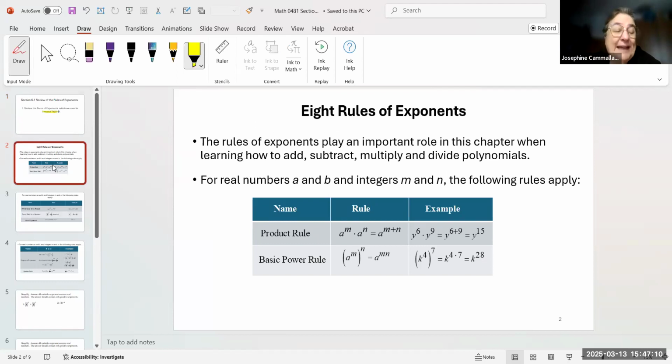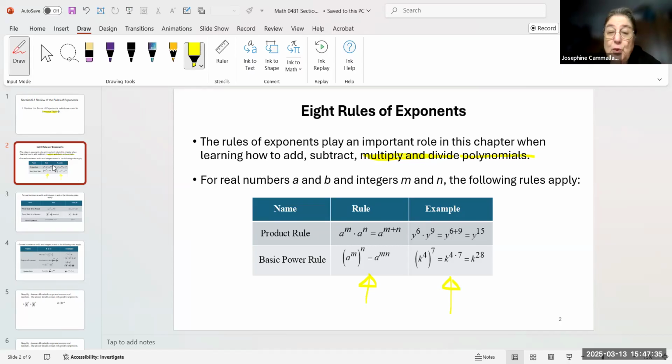Now, they are going to play an important role, especially when we multiply and divide polynomials, which is where we're moving to. Now, as you remember, the rules are in this column, and then I have some examples to make sure that your brain remembers.